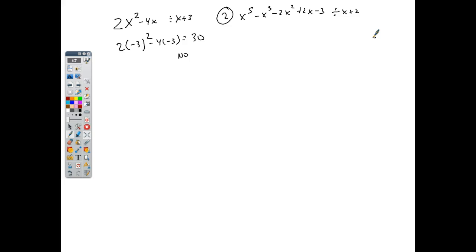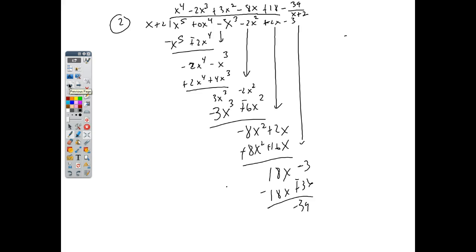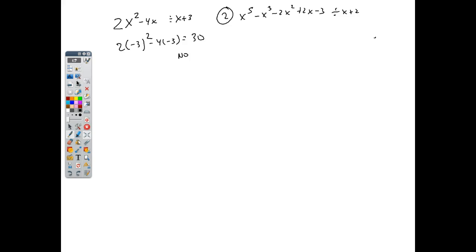So let's plug a negative 2 in there. Lot of work. I got negative 39.